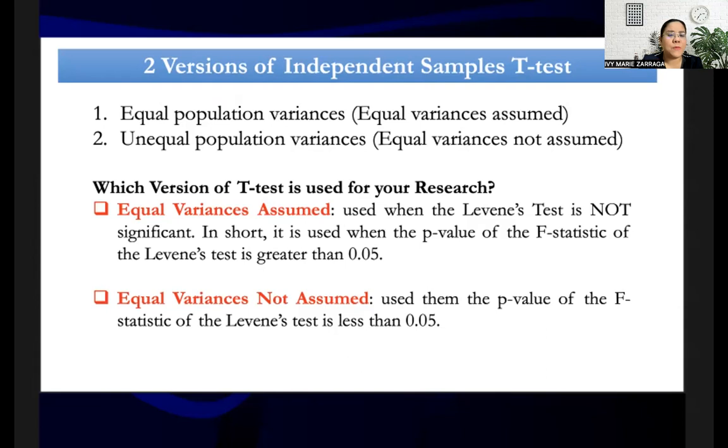And then we will use the equal variances not assumed. So that is how we know which version of the T-test we will use. So again, you will use equal variances assumed if the p-value or the SIG is greater than 0.05, while you will use equal variances not assumed if the SIG or the p-value is less than 0.05.